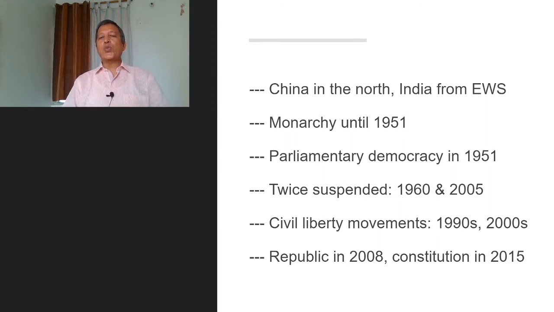But the constitution was not made even then, and it took quite a few years to introduce it; it was introduced in 2015 after a gap of 7 years. Of course, there have been some controversies also associated with the new constitution regarding the minority rights or the rights of the women. So that is about Nepal.